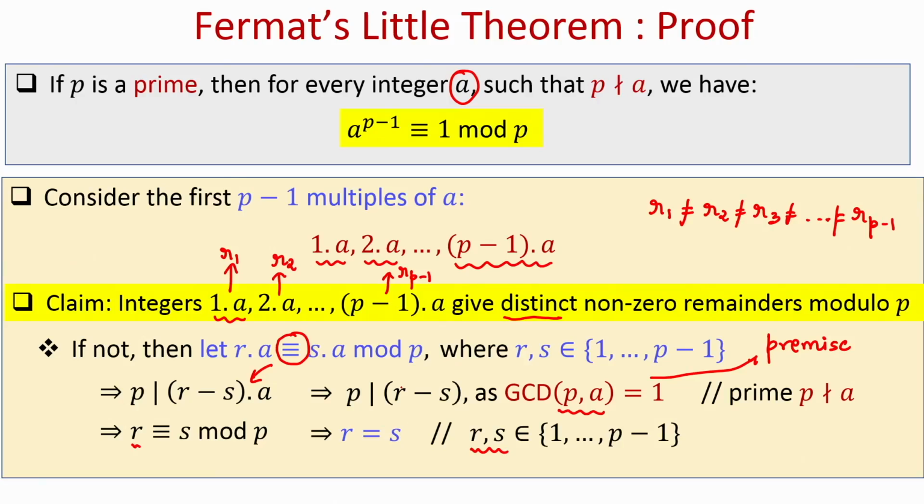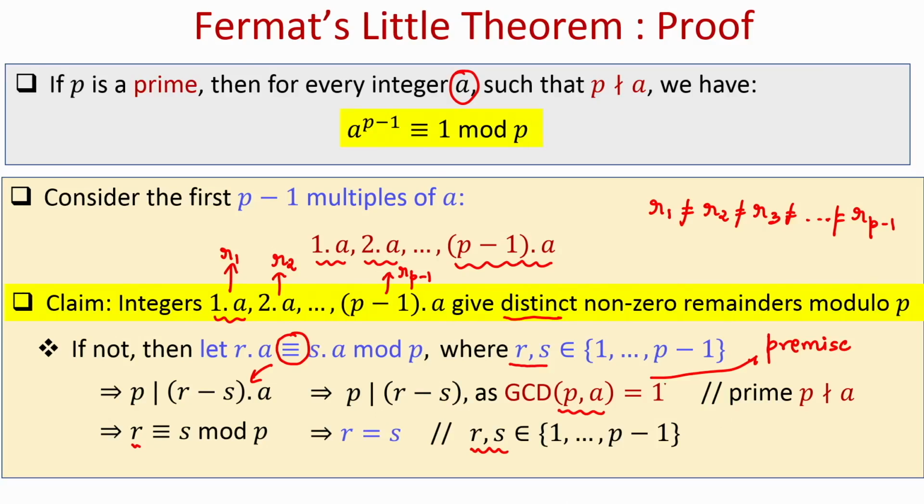Of course, if R and S would have been outside the range 1 to P minus 1, then it might be possible that even though the value of R and value of S are different, they are still congruent modulo P. But remember that R and S are strictly less than P, and if they are congruent modulo P, then that is possible only when R is equal to S.